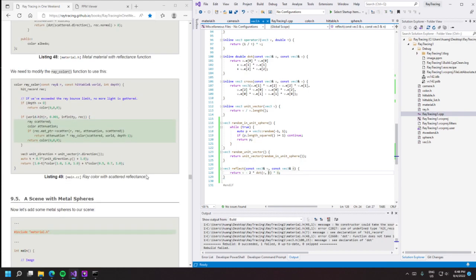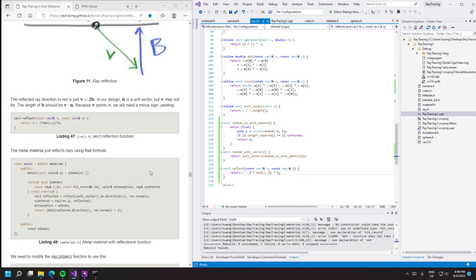Okay, so the dot returns 2 times dot v n. Yeah.